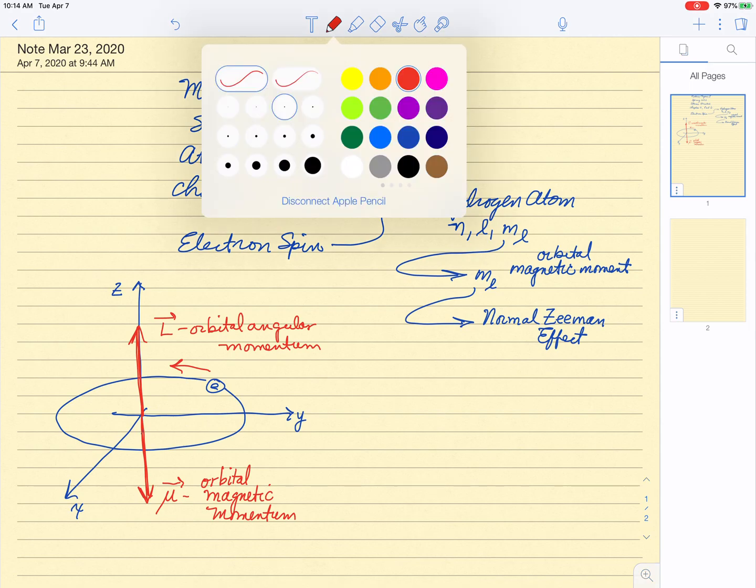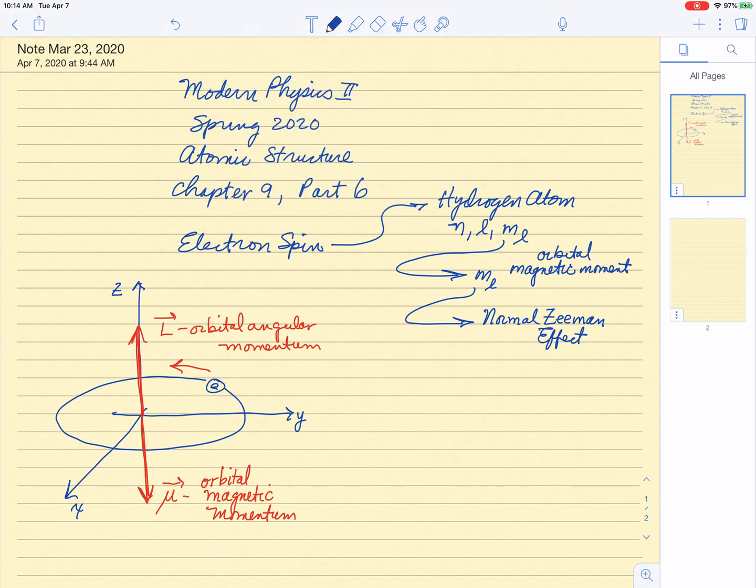Now, what was being toyed with at that time was that the electron itself could very well be rotating about some axis.